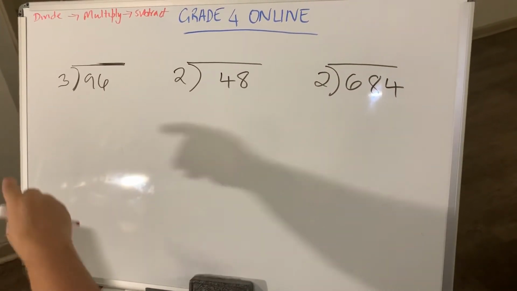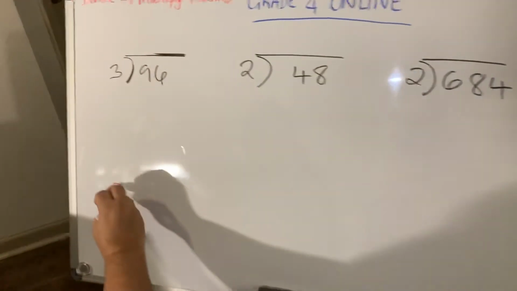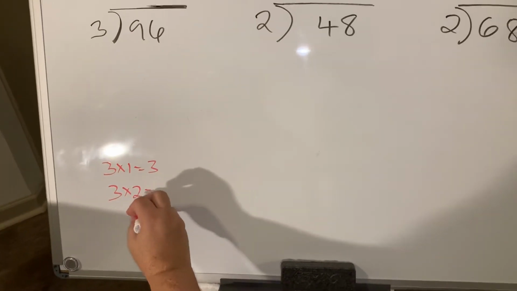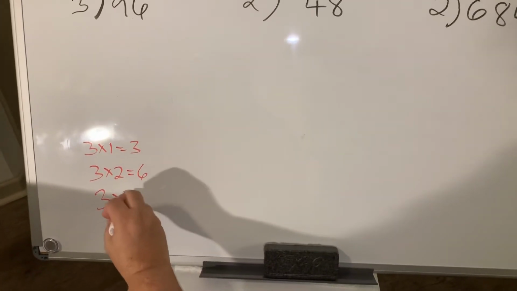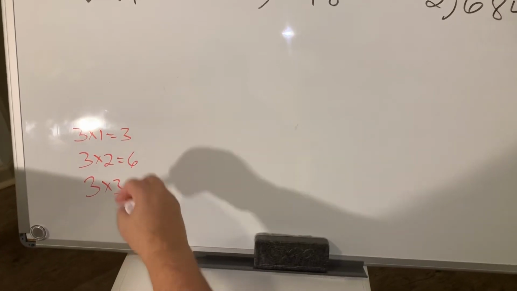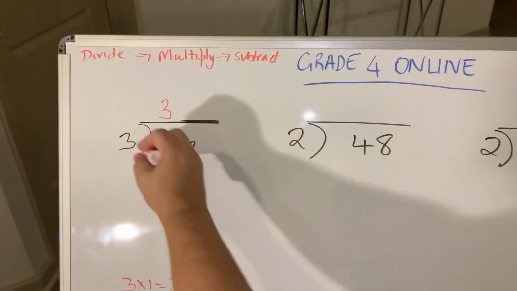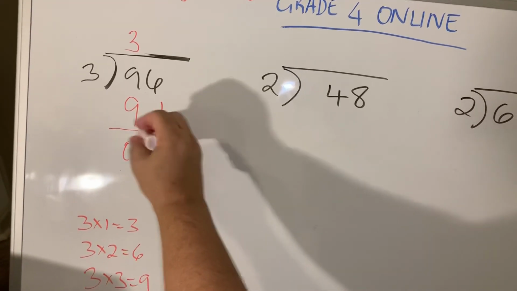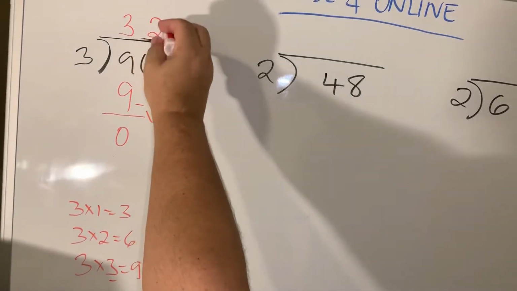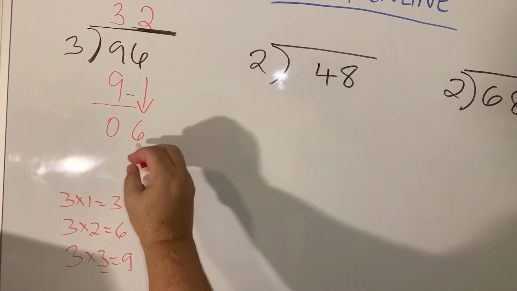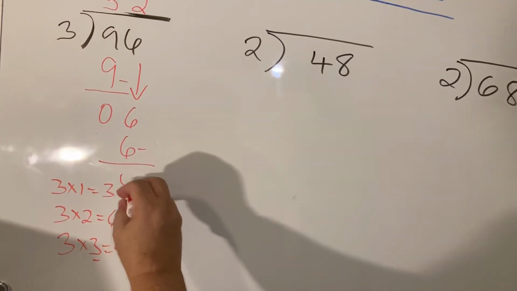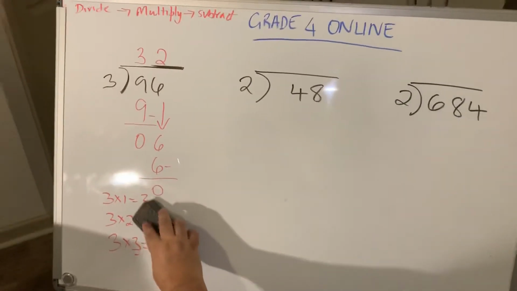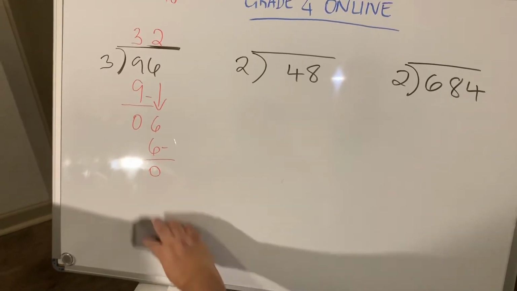Same principles apply. 3 into 9. 3 times 1 equals 3. 3 times 2 equals 6. 3 times 3 equals 9. 3 into 9 goes 3 times. 3 times 3 is 9. Subtract it, we get 0. We have to pull down the 6. 3 into 6 goes 2 times. 2 threes is 6. We subtract it out, no remainder. When there's no remainder, you don't have to write the remainder on the answer bar.